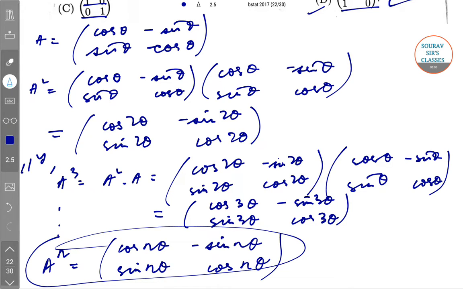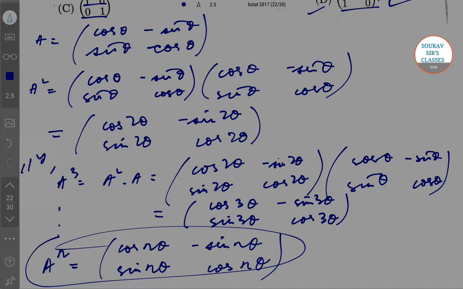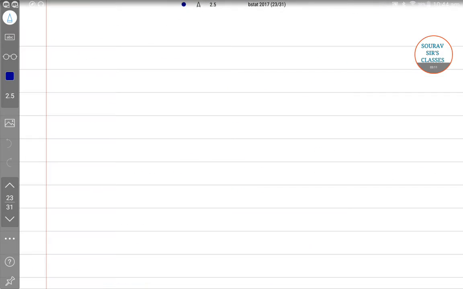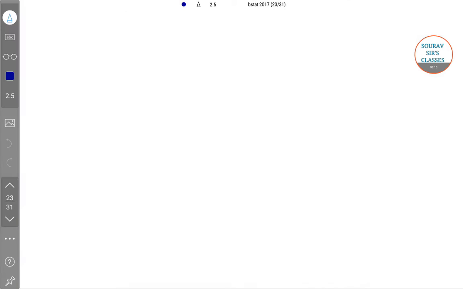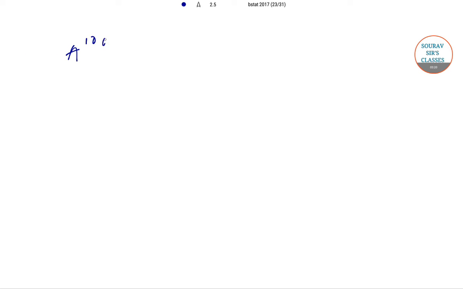So A to the power 100 will be given by, let me insert a new page over here. Let me change the background. Okay, so now we are set. Now we have to find out A to the power 100.